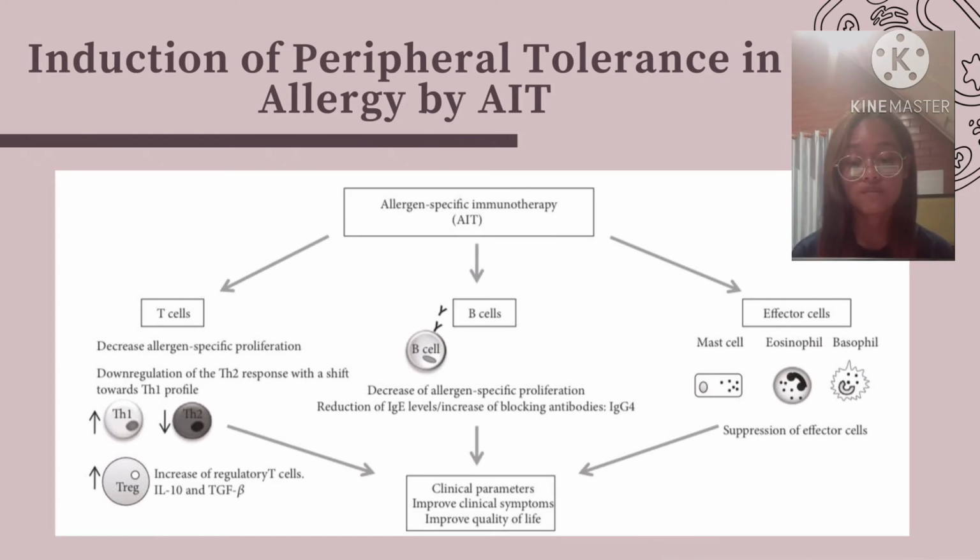The recruitment of these cells to the site of organ exposure, and their ability to release mediators are reduced in these patients, decreasing the inflammatory response of tissue. And due to this capacity, AIT reduces the allergic symptoms in a significant fraction of these individuals and improves their quality of life.